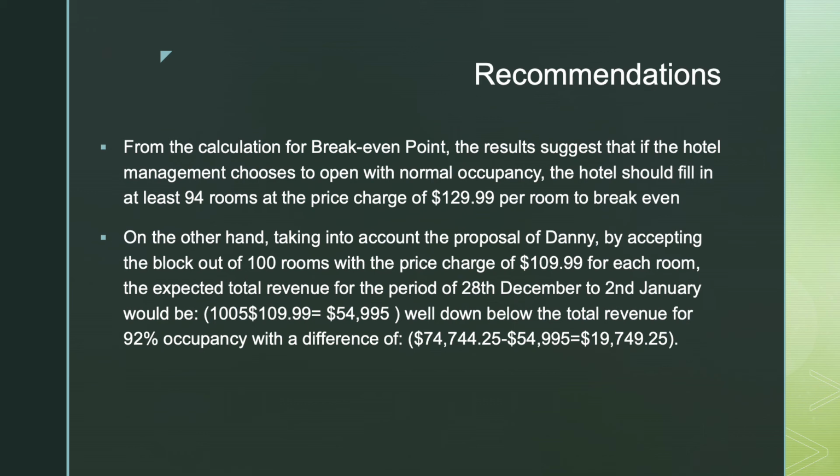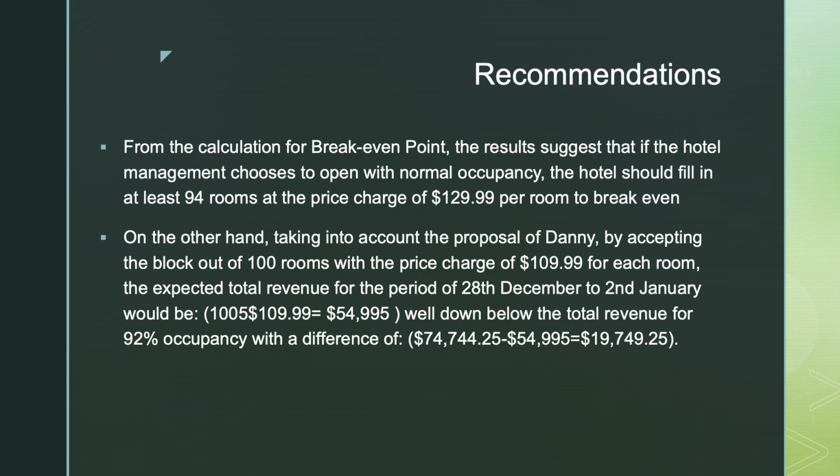On the other hand, taking into account Danny's proposal, by accepting the block of 100 rooms with a price charge of $109.99 for each room, the expected total revenue for the period of 28 December to the 2nd of January would be, if we calculate 100 times 5 times $109.99, $54,995.